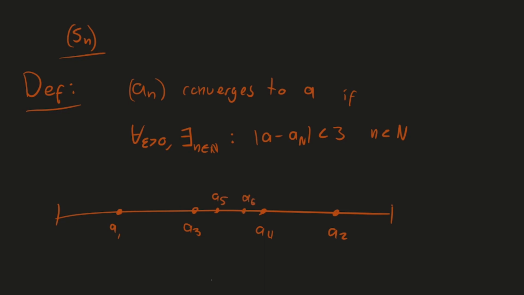And say we're trying to prove that it converges to that point A, then if we pick a value of epsilon, again, absolute value of A minus AN is just going to be that sort of region, then all of our points, A3, A4, A5, A6, so on and so forth, lie within that region, and we can find a point in our sequence where all the points beyond that point lie within that region.